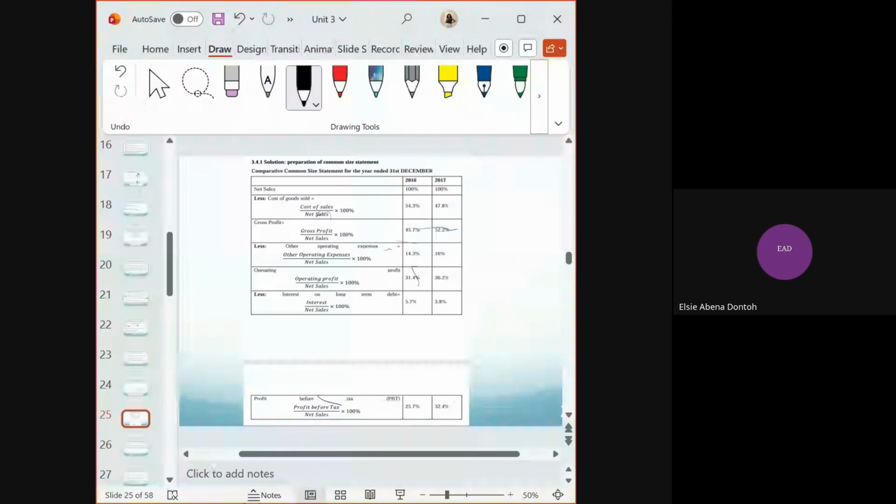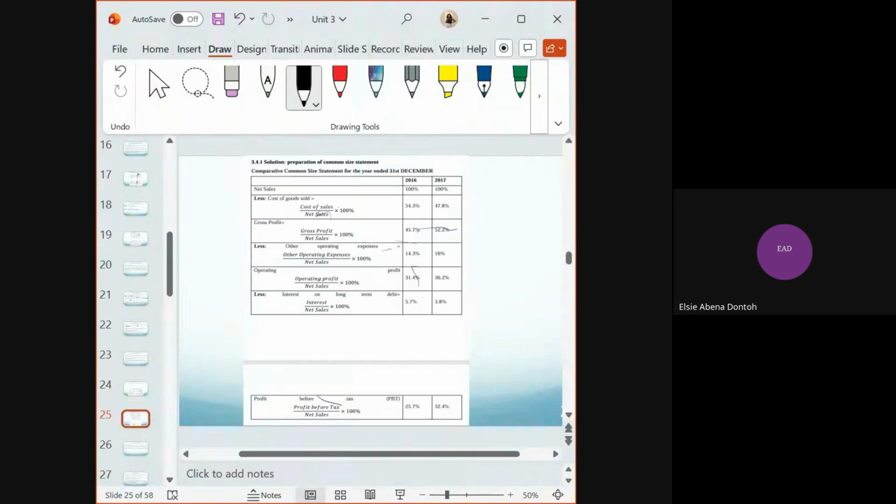Cost of goods sold are the costs you incur in production, the materials you consume, cost of raw material, labor, manufacturing cost, and all that. So if it has reduced, it is a good thing, meaning you are not spending much on the goods you are producing.